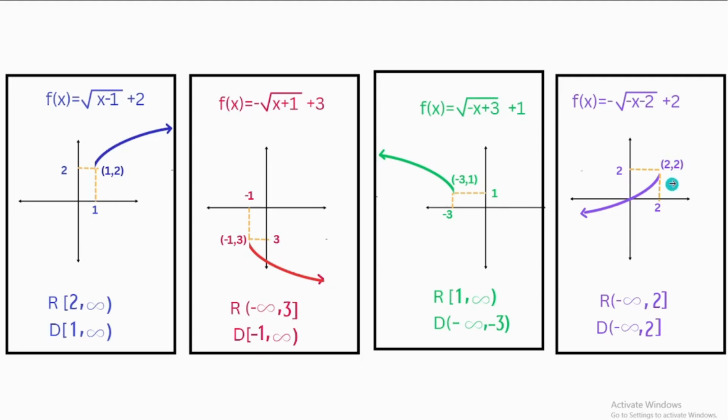The range, we are talking about the y-axis, it is negative y, so from minus infinite to 2. When we talk about the domain, we start from 2 as an x-axis, and it will go to minus infinite, and we start with minus infinity.